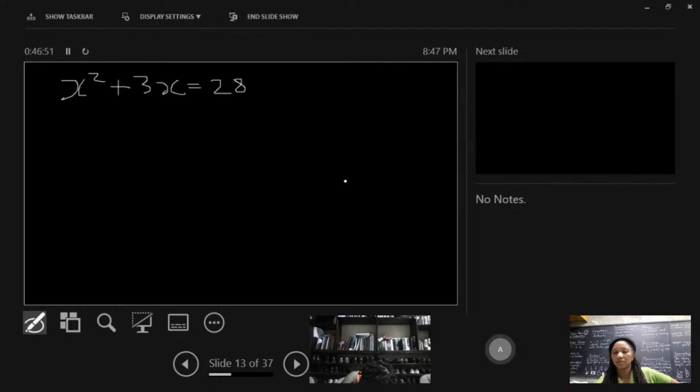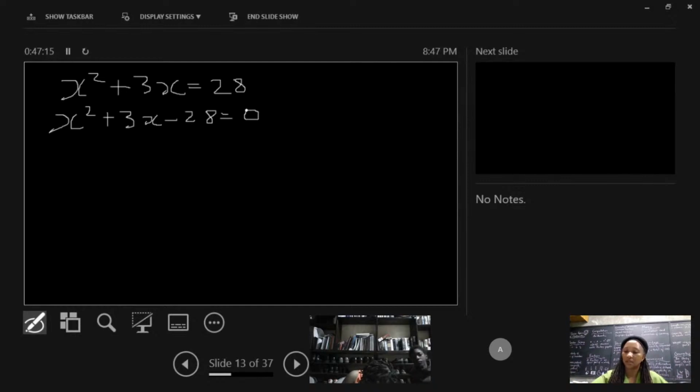The first thing we have to do is bring over the 28 to the other side. So x squared plus 3x minus 28 is our new formula. All right, so x squared plus 3x minus 28 equals 0.